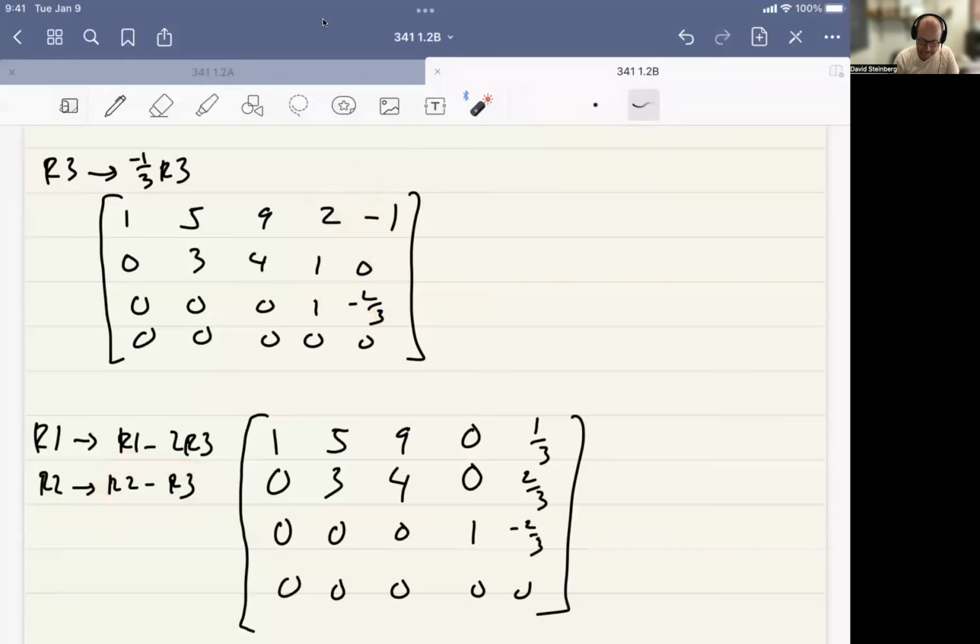Okay, so we've succeeded in making this leading entry 1 and getting zeros above it. So we should go to the next rightmost leading term, which is this 3 here. So we'll multiply row 2 by 1/3 to get a 1 there, and then use that 1 to destroy the 5 above it.